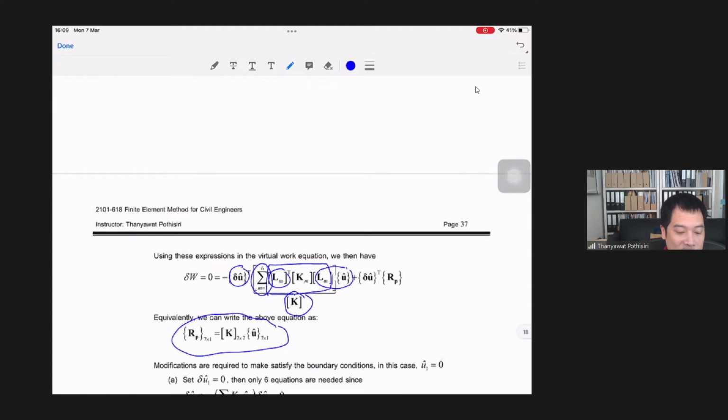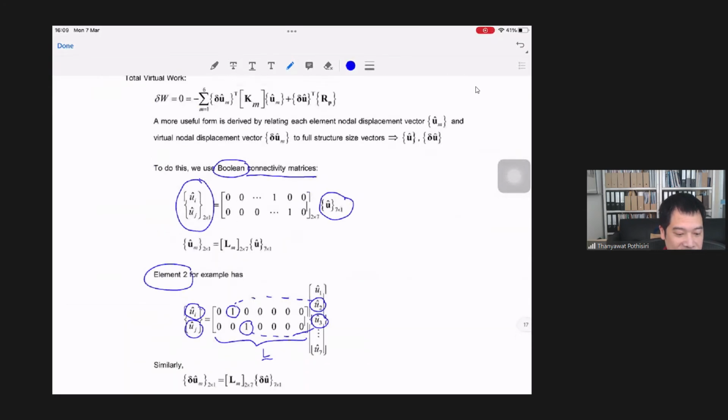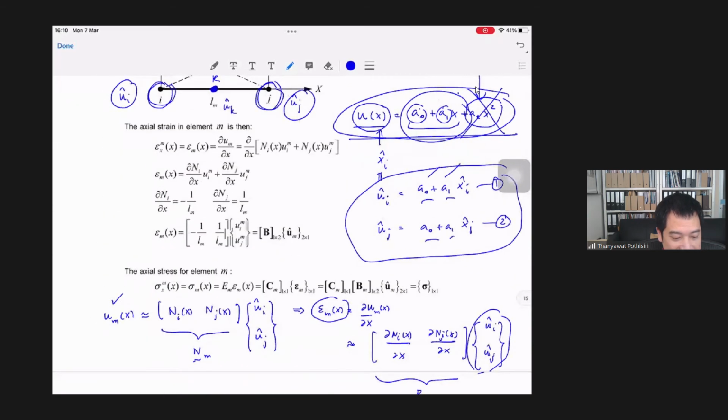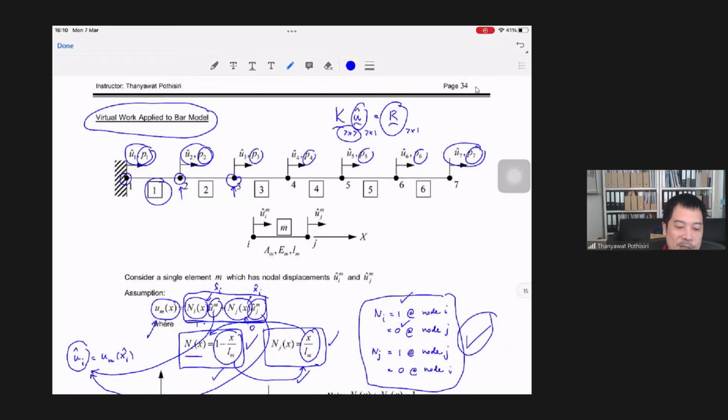Once you obtain this equation for this particular structure, if you happen to know the value of the nodal force at all the degrees of freedom, meaning that if you know all these P1, P2, P3 to P7, then can we solve this system of equation for U hat?